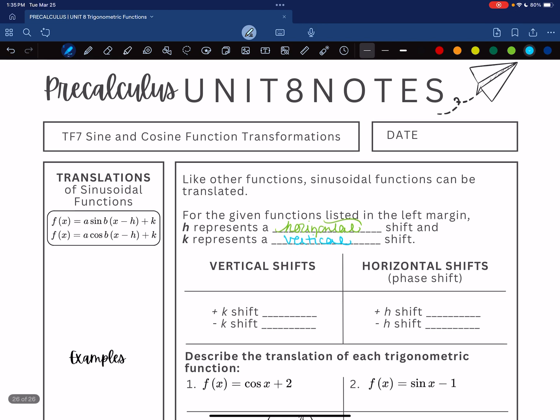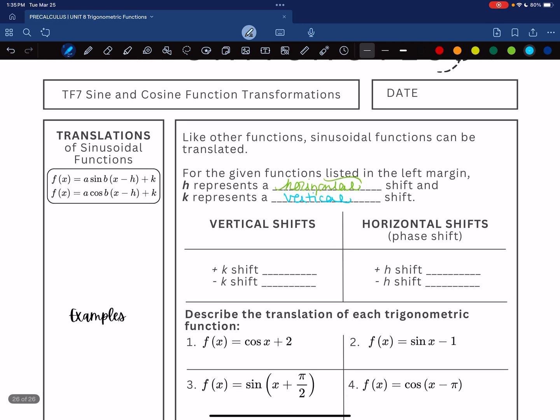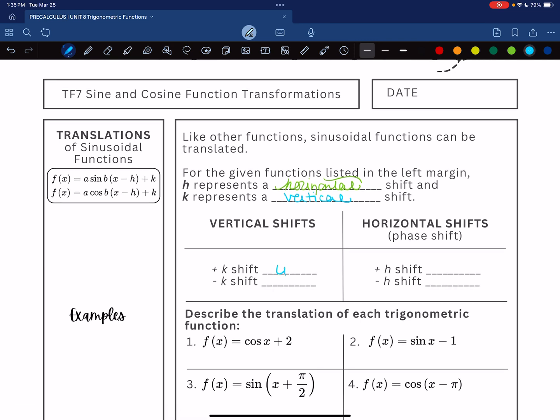Now, let's talk a little bit more about those vertical and horizontal shifts. If in your transformational form a k value is introduced, then that is going to move it up if it's plus some k value, and if it's minus some k value, then that will move the graph of your sinusoidal function down.